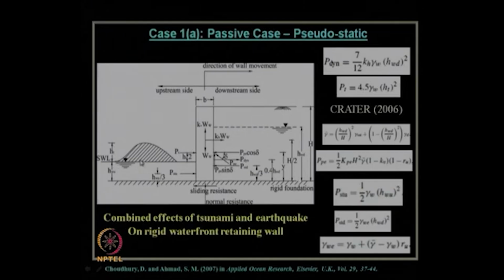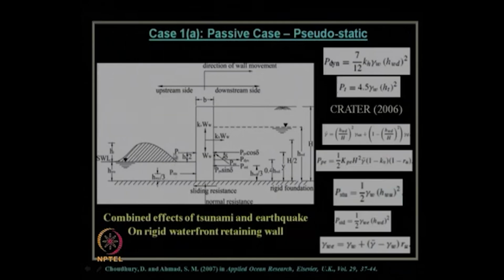Fine. Now, let us see what the water pressure acting from this upstream side on the wall is. From this static still water, it will be P_stu, where u means upstream and st means static. And where should it act? At a height of h_w by 3, because it is a hydrostatic pressure.